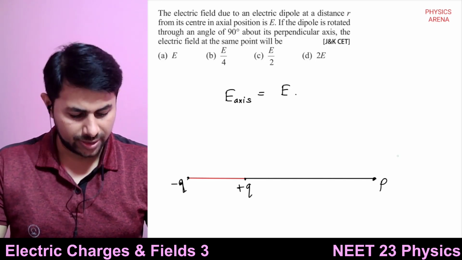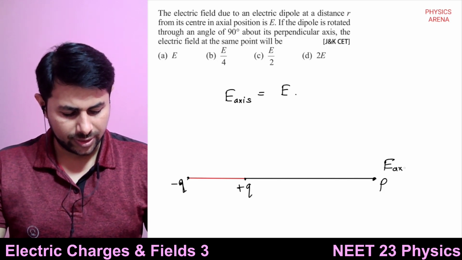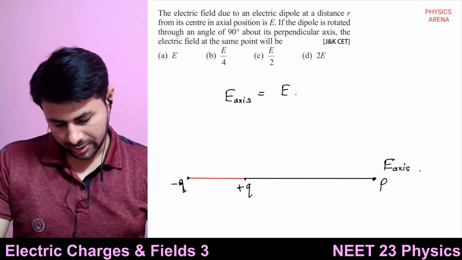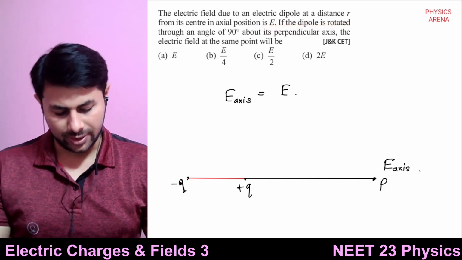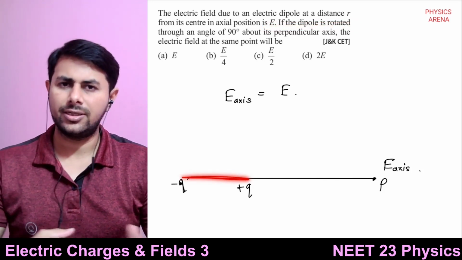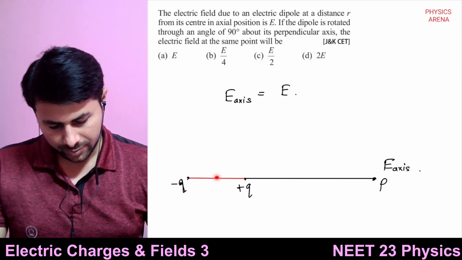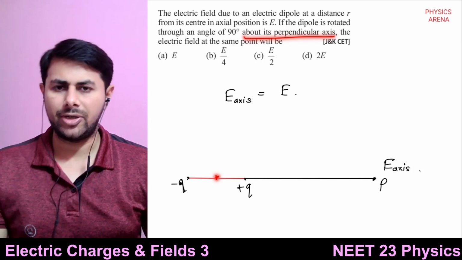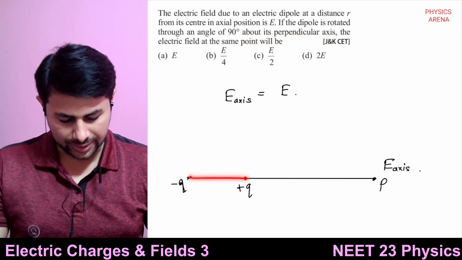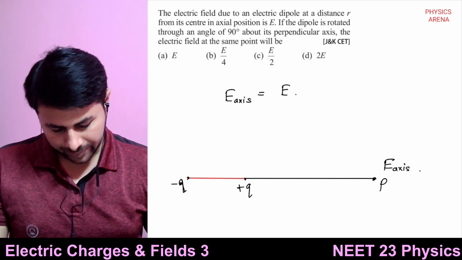The electric field due to this dipole is E. So right now this is an axial point. Now if dipole is rotated through 90 degrees, so if you rotate this through 90 degrees, what will happen? About its perpendicular axis. Okay, about a perpendicular axis. So the axis is perpendicular to plane of this paper, you can say.